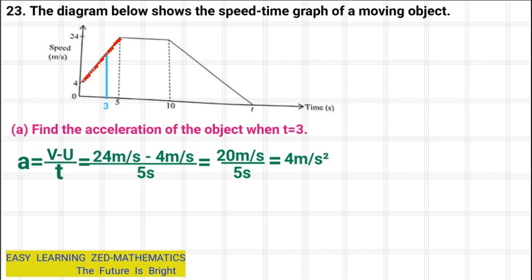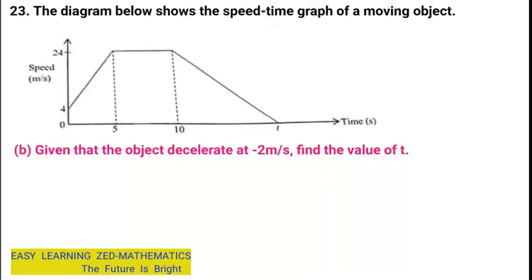Let's go to question 23b. Okay, question 23b was: given that the object decelerates at negative 2 meters per second squared, find the value of t. Okay, we are asked to find the value of t. So what you need to understand is that acceleration and deceleration have the same formula.